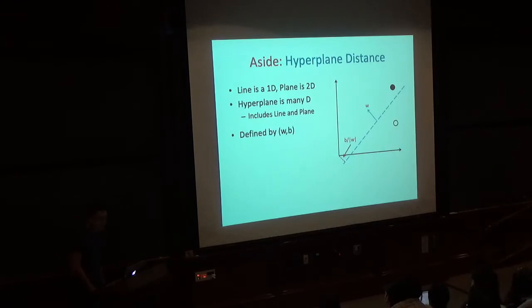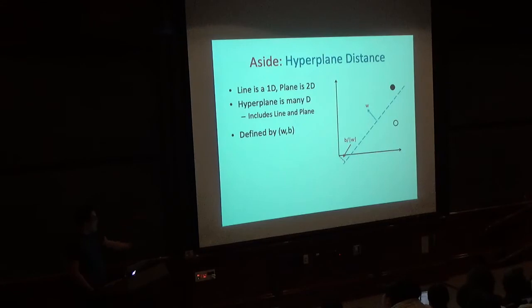As an aside, and this is something we'll touch on more next week, we can relate the Perceptron algorithm and other machine learning algorithms to a concept known as the hyperplane distance. A line is a one-dimensional hyperplane. A plane is a two-dimensional hyperplane. And a hyperplane, more generically, is just the same concept in many dimensions.